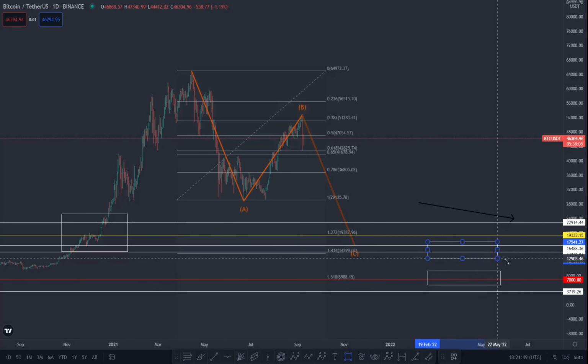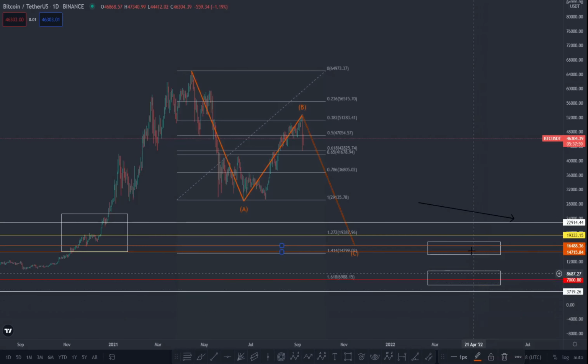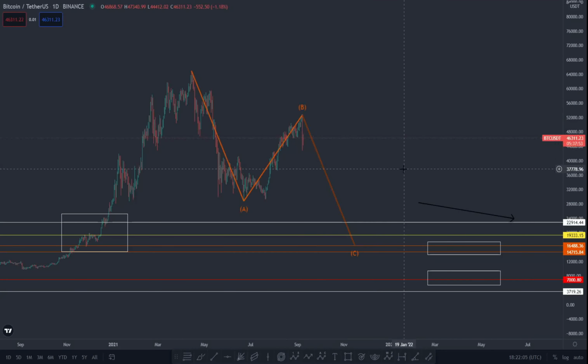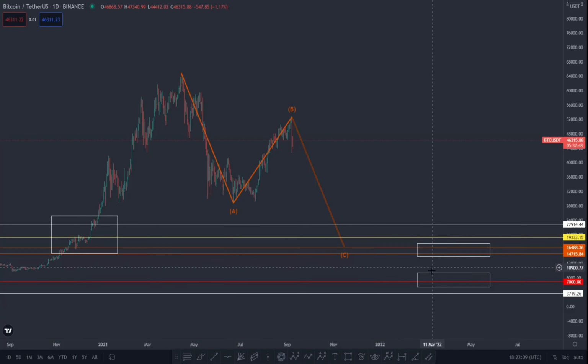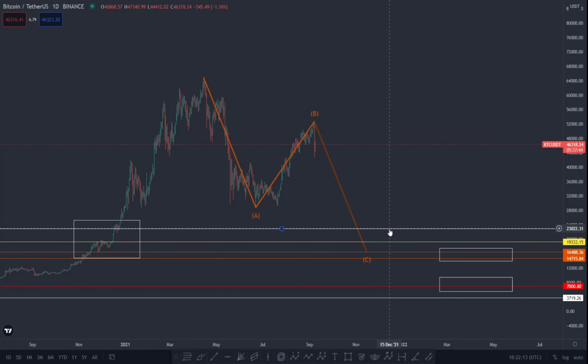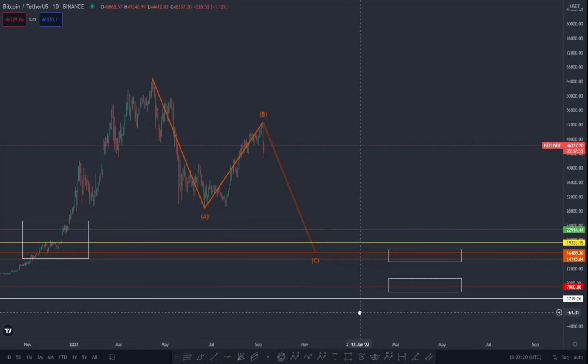Let's say medium, worst case. Let's make these orange, like so, and this one yellow. All right. So if we're going down, guys, these are your targets, and this one would also be a target, but less severe than the rest. Okay, so these are your targets.